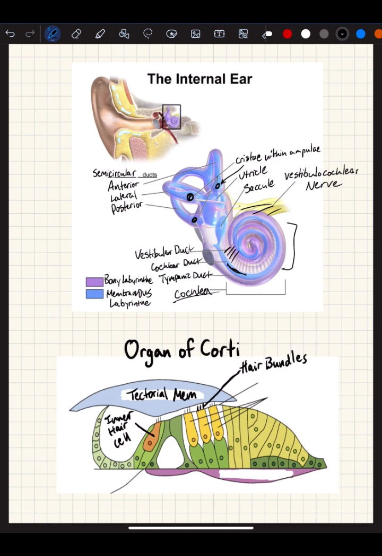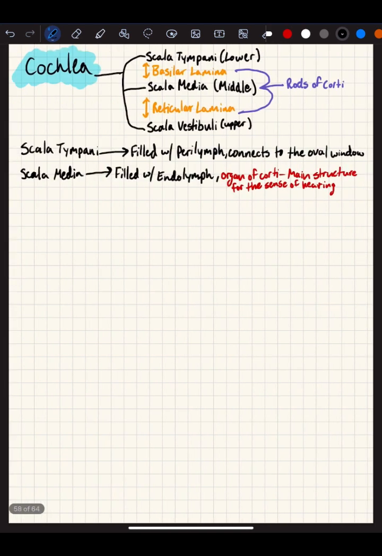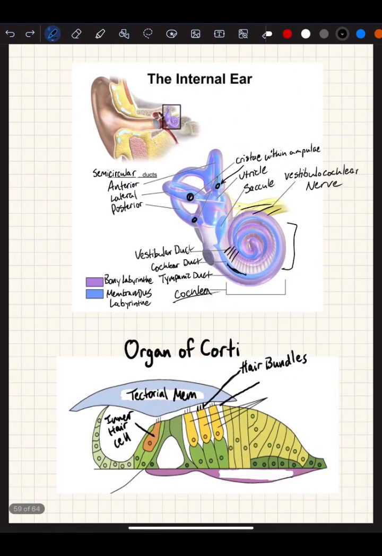And the reticular lamina, just like you saw, is the one that separates the scala media from the scala vestibuli, and that's what is happening right here. This membrane is separating the layers of the cochlea. So this is going to be the reticular lamina.